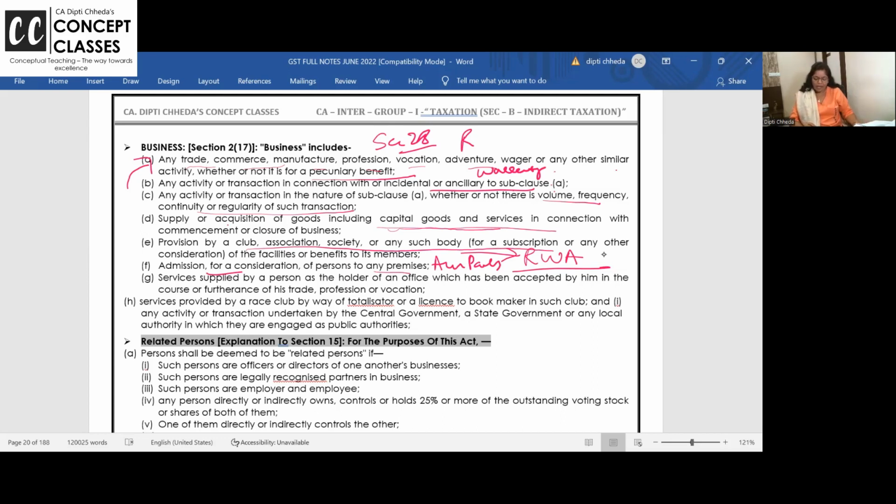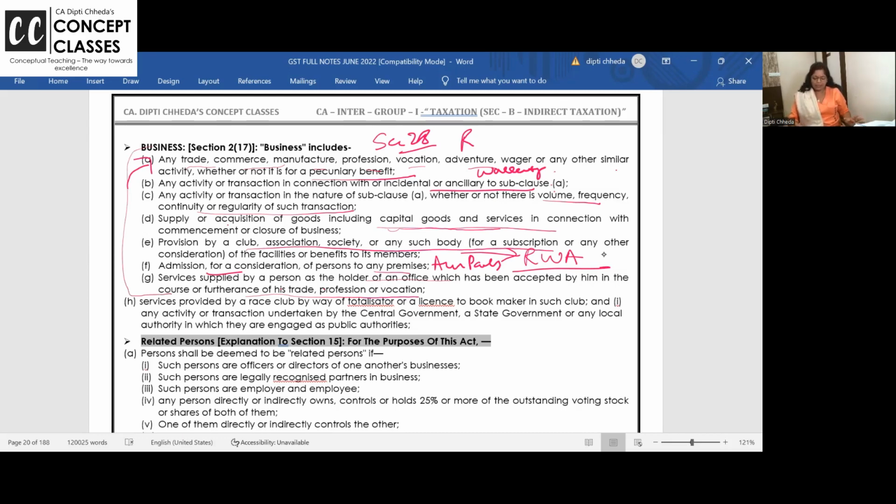Services supplied by a person as the holder of an office which has been accepted by him in course or furtherance of trade, business and all. So for supply of your goods and all, you open services, you provide through agents and franchises and branches, all are included. This is a wide definition of business.